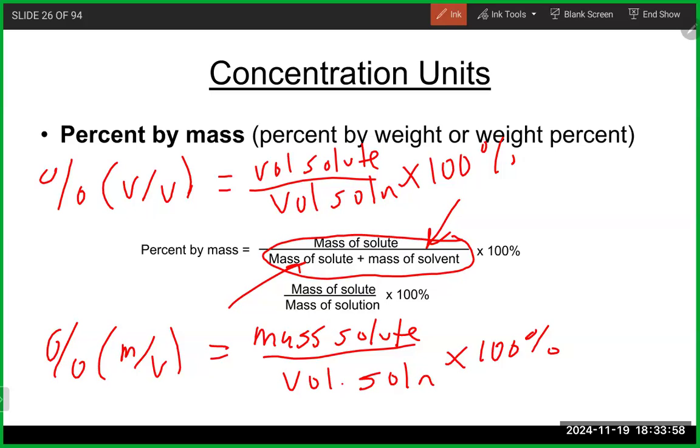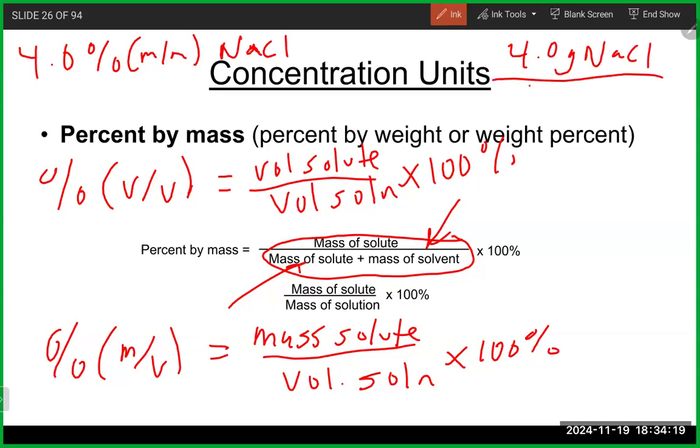Remember as well that if you do have one of these percentages, you could use it as a conversion factor by assuming 100. So if you had 4.0% by mass sodium chloride, that would mean that you have 4 grams of sodium chloride in 100 grams of solution, which you could use as a conversion factor like that, or you could flip it around where the 100 grams of solution is on top and the 4 grams of sodium chloride is on the bottom.